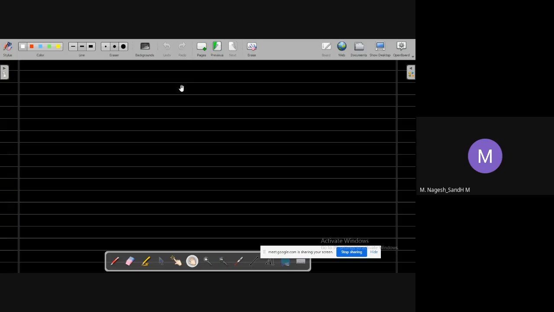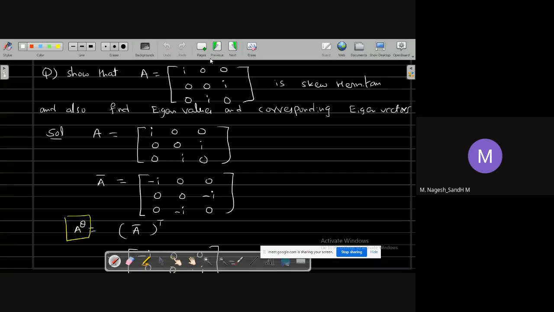In that part, A is equal to, what is the matrix? A is equal to i 0 0, 0 0 i, 0 i 0. Same question. We are finding eigenvalues and eigenvectors.